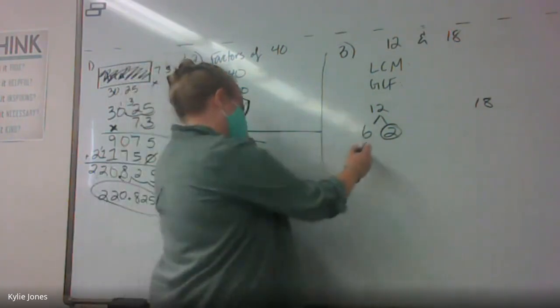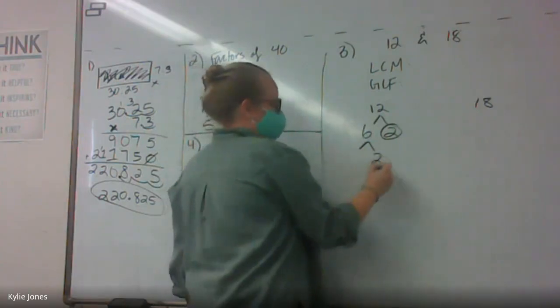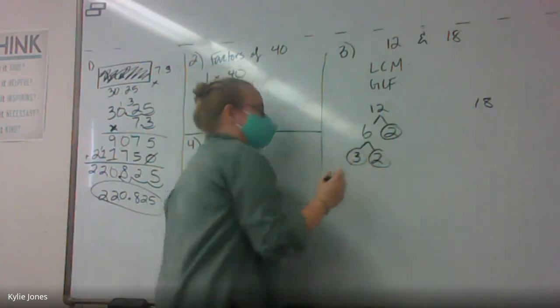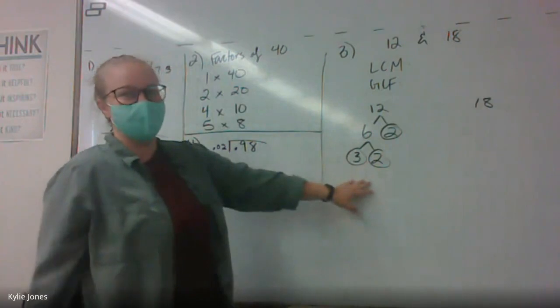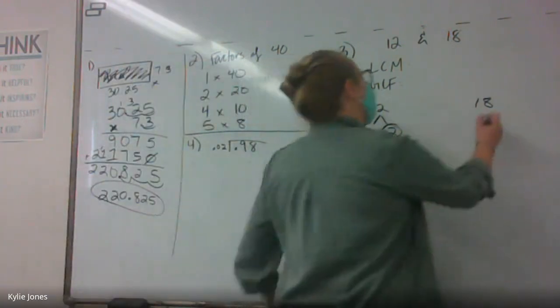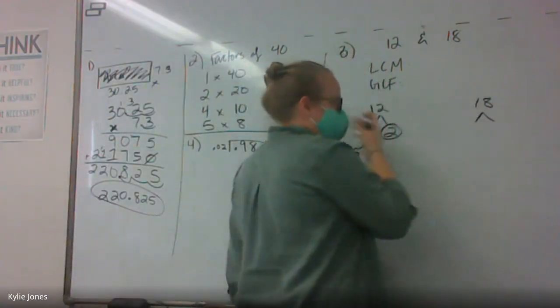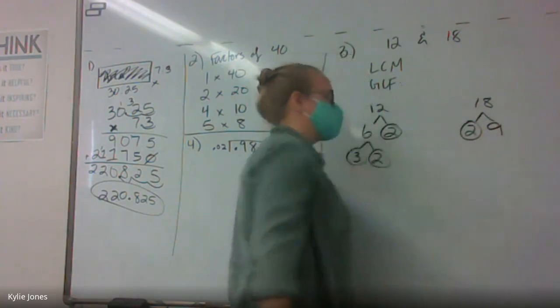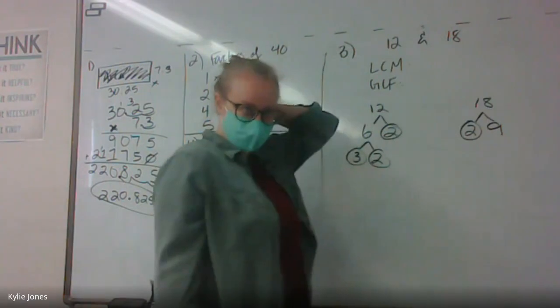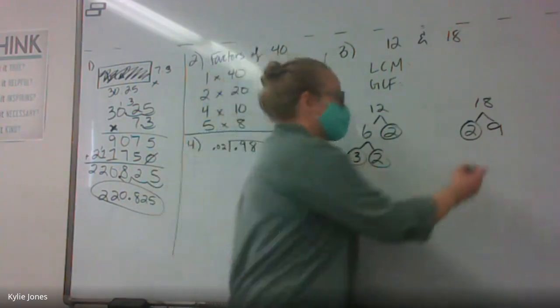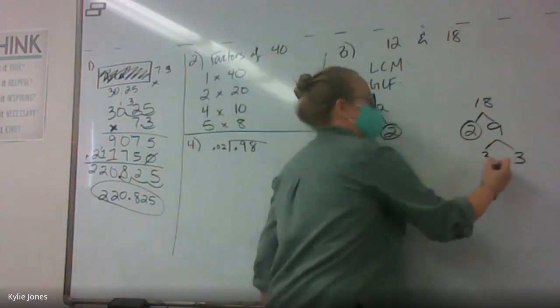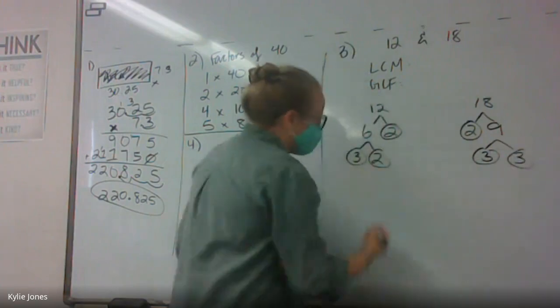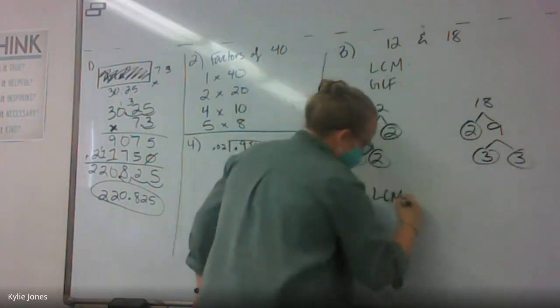What multiplies to 6? 2 times 3. Both of those are prime, so we can circle them. Next one, 18. What multiplies to 18? 2 times 9. Good. We can circle our 2. What multiplies to 9? 3 times 3. Good. So now let's do our LCM and GCF thing.